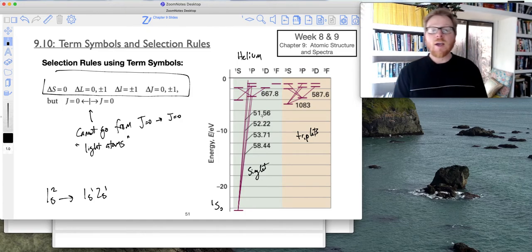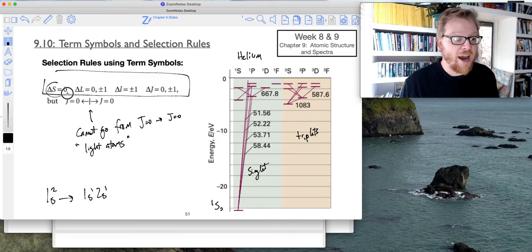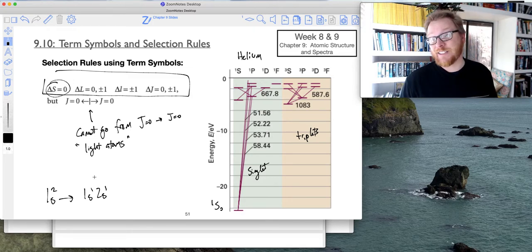Okay. But what's important to note is there are no singlet to triplet conversions. That's forbidden. And that's given by, where is it? Right here. Delta S has to be 0. So that is a forbidden transition to go from a triplet to a singlet.